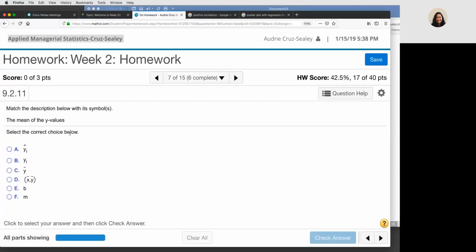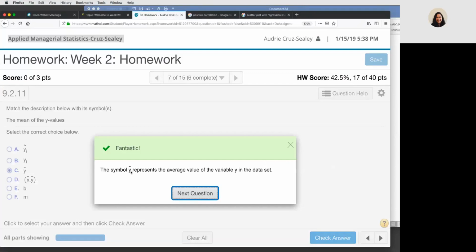Okay. Matches the mean of the y values. Now, we learned mean last lecture, last week. Mean means average. If you did your reading, in order to symbolize average, mean is a bar. It's a bar on top of whatever you're trying to find the mean of. So to find the mean of the y values will look like this.